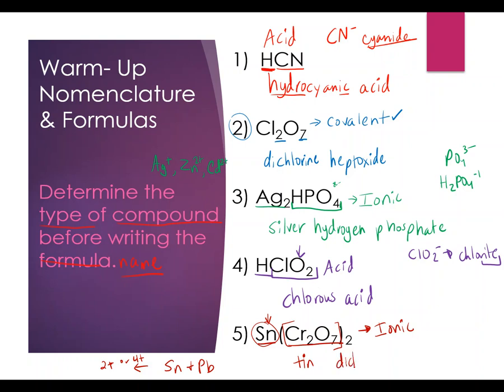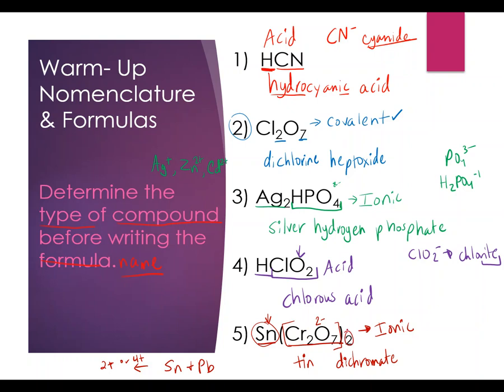I'm going to put the name here. Now, I know it's dichromate. What is the charge on the dichromate, so I can figure out my tin charge? What does it say the charge is for Cr2O7? It says it's -2. Good.